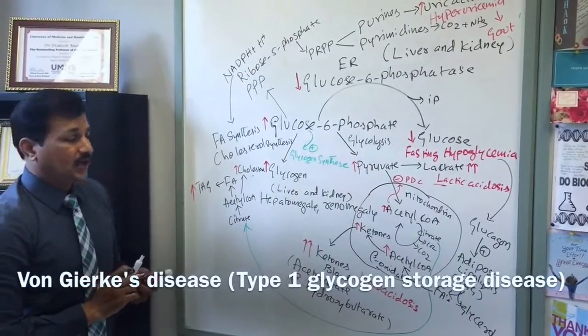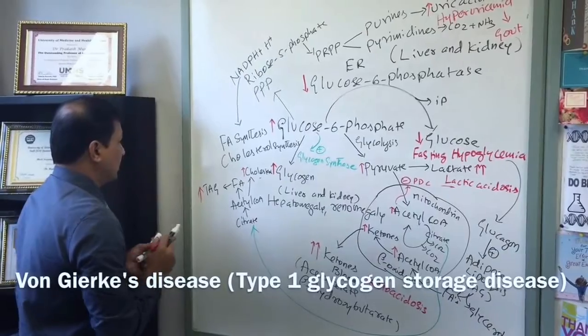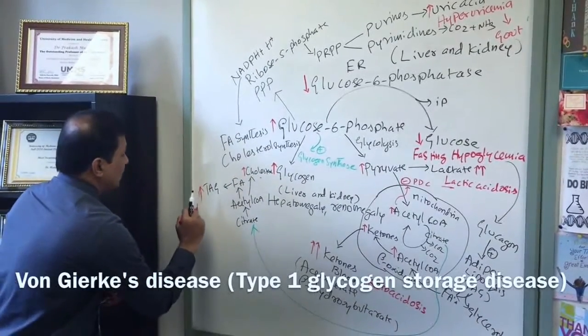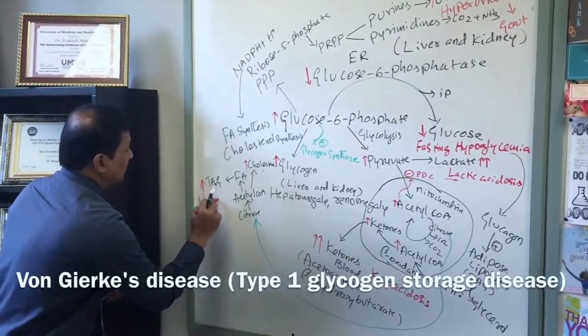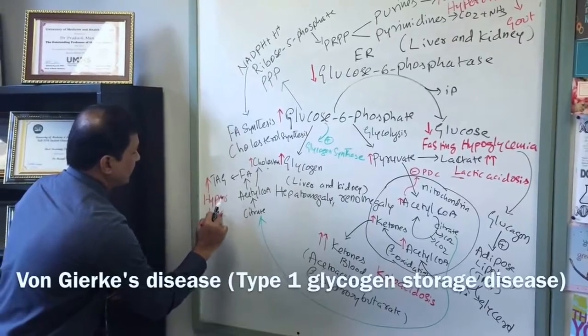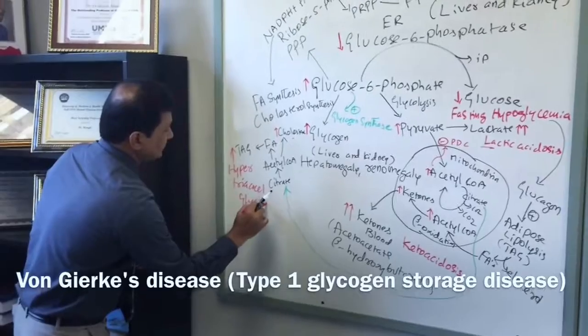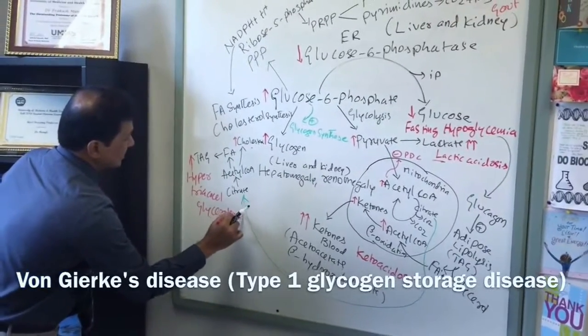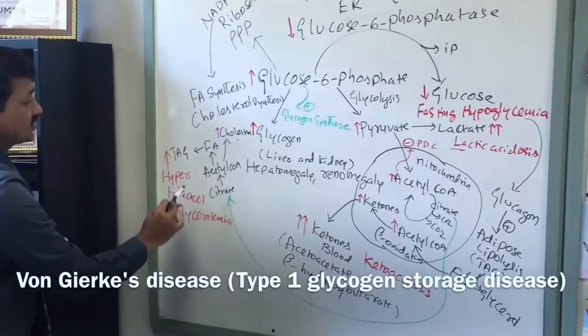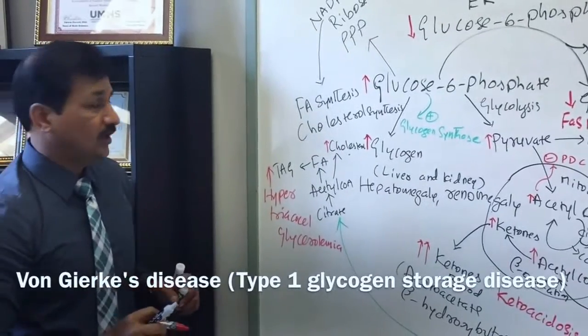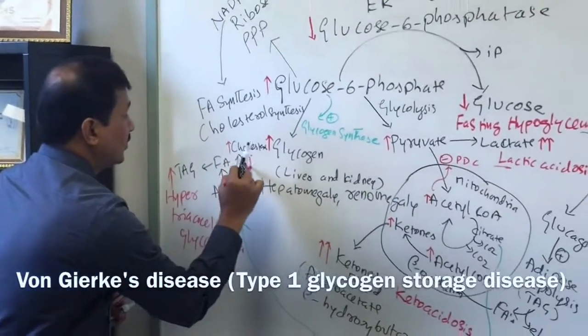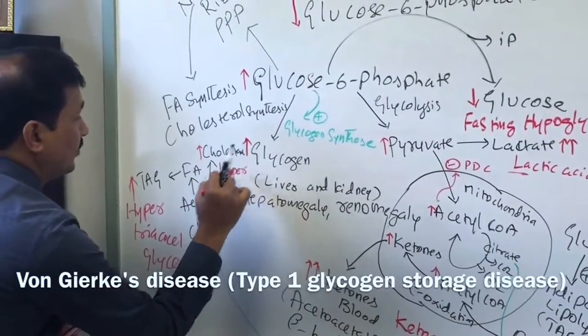That is why in a von Gierke's disease patient there will be hypertriacylglycerolemia, which means excess triacylglycerol in the blood, and also hypercholesterolemia.